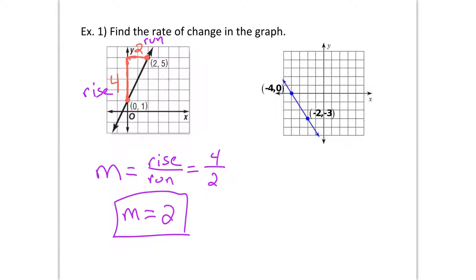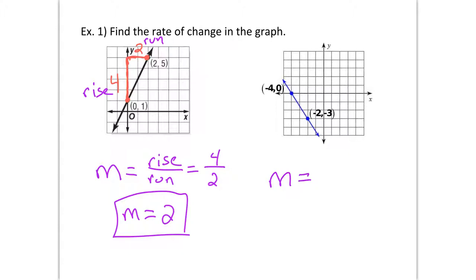Let's try the next one. The blue line, now you guys can see the line going down. So from left to right, my slope has to be negative. So let's start with m equals, and I'm going to erase the m. That was really ugly. So I'm going to put another m.